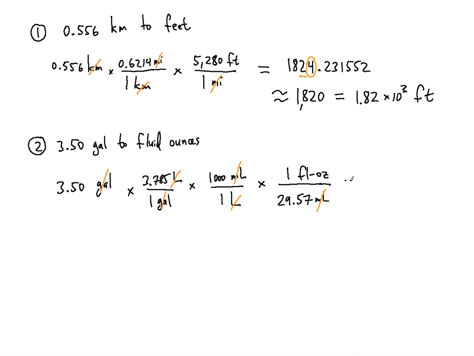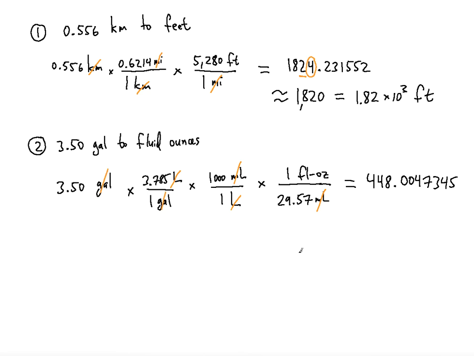So now I'm going to use the calculator again. 3.5 times 3.785 times 1000 divided by 29.57. I'm getting 448.0047345.